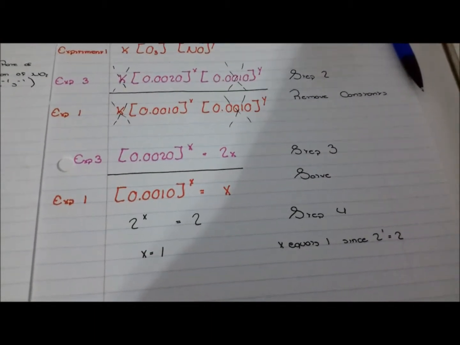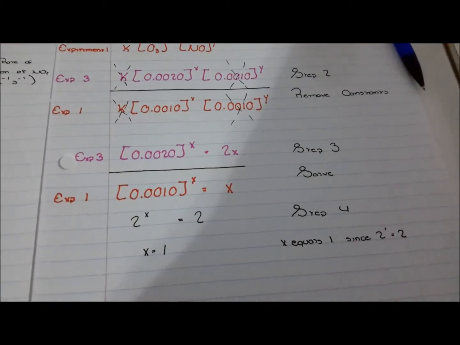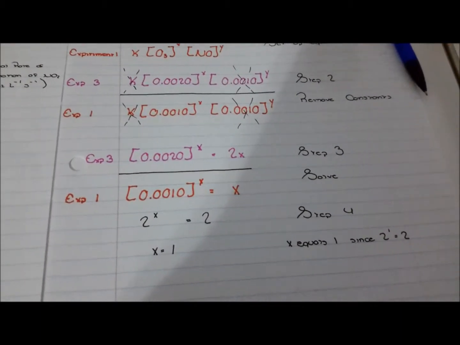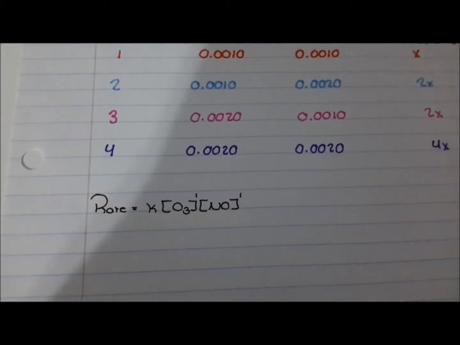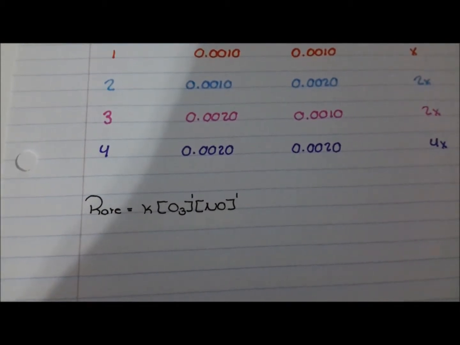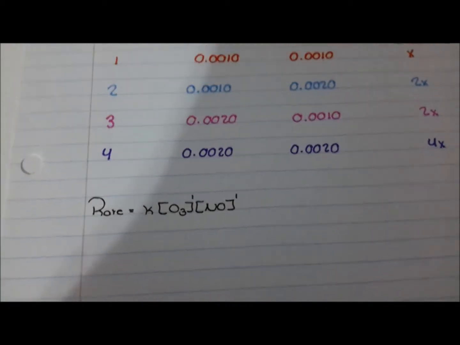In step 3, we solve, and our final equation is 2 to the x equals 2. X is equal to 1, making our rate law K, O3 to the first and NO to the first.